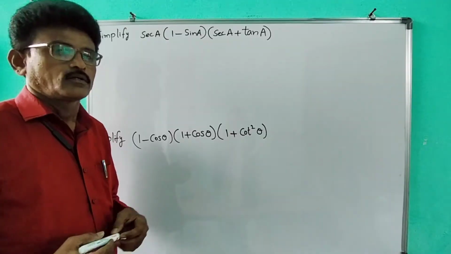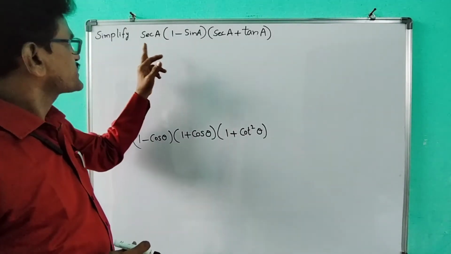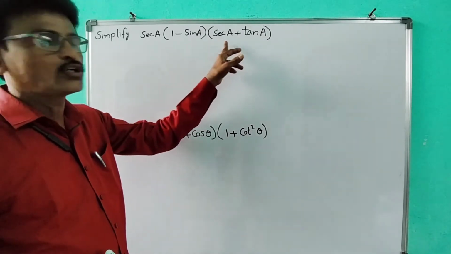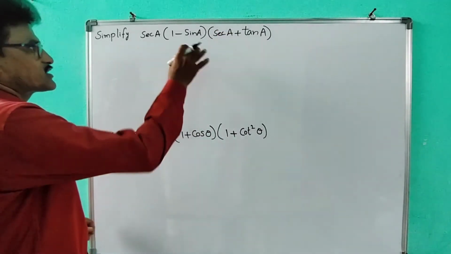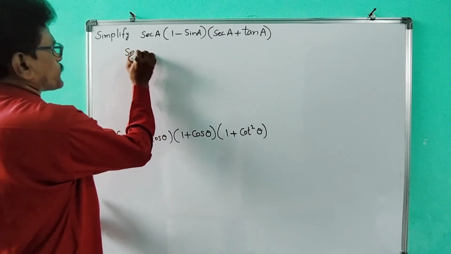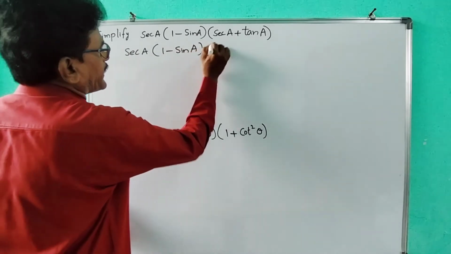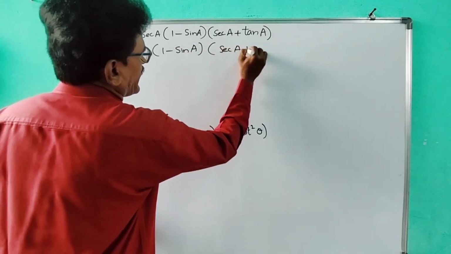Important problem, this one. Now finally we will solve these two problems. Simplify secant A into 1 minus sin A, into secant A plus tan A. What is this value?